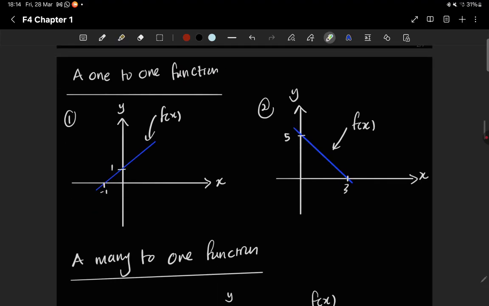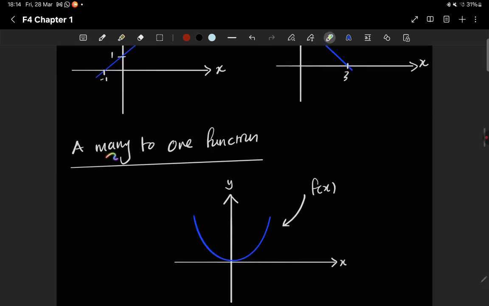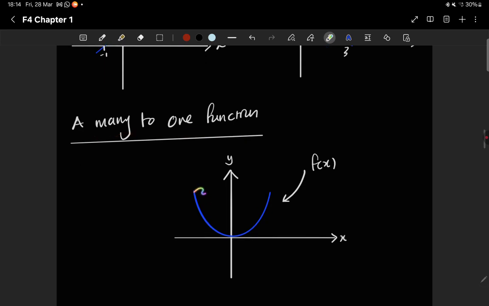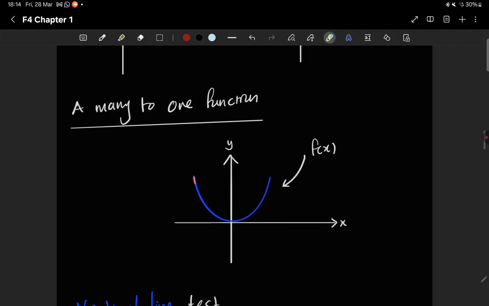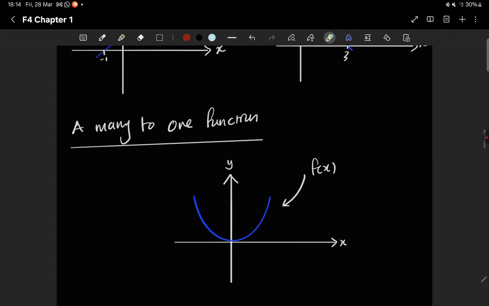So these are one-to-one functions, and I'll explain very shortly why they are actually called one-to-one. And over here we have a many-to-one function, and this is an example where you get a parabolic curve. I think you learned this in the second chapter, which is the quadratic functions. Alright, so these are called many-to-one functions.